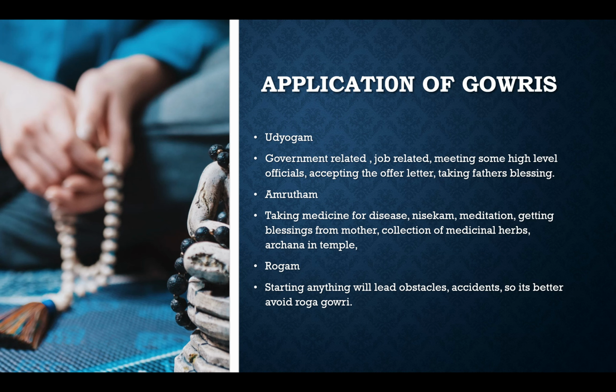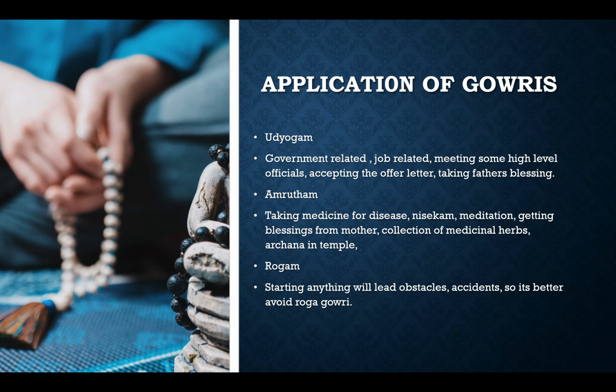Next is Roga Gauri. Roga Gauri is represented by Mars. Starting anything will lead to fights, unnecessary quarrels, accidents, obstacles. In fact, you can check on certain days when you take on this Roga Gauri, when the day and the Gauri are also bad, definitely it would have ended up in an accident.